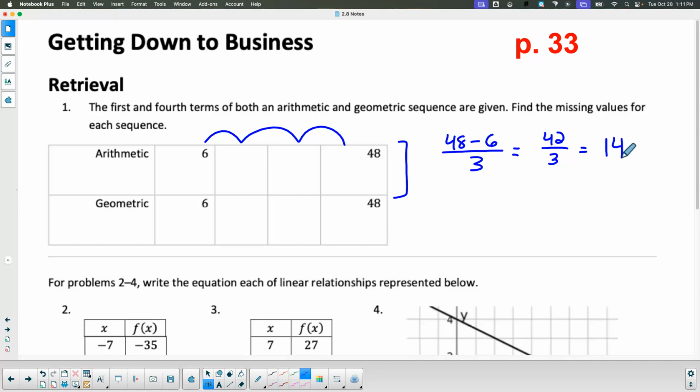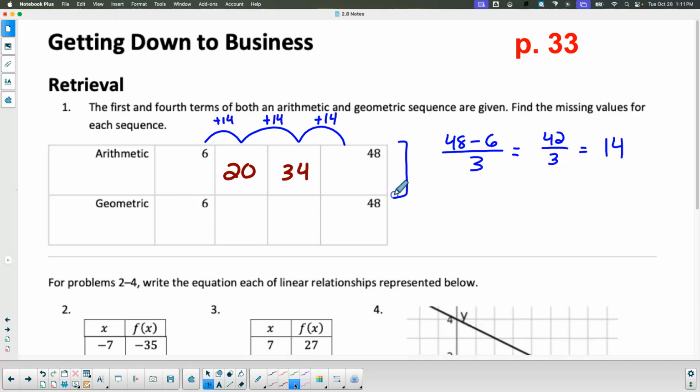So we're adding 14 every single time. So 6 plus 14 is 20. 20 plus 14 is 34. 34 plus 14 is 48. So it works out. Okay.